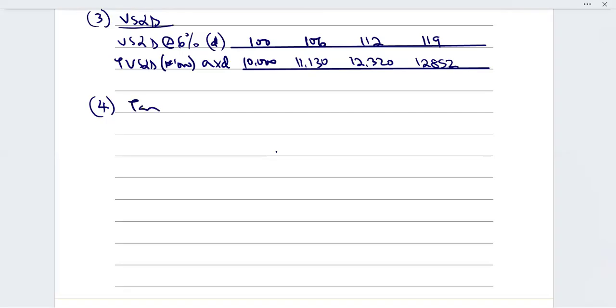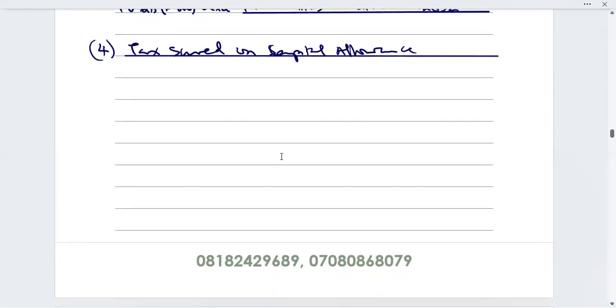So I can say tax saved on capital allowance. Based on the formats that I gave to you last time, the first item will be the year, then narration. We have the cost of the assets, then tax saved at the company tax rate of 30%.